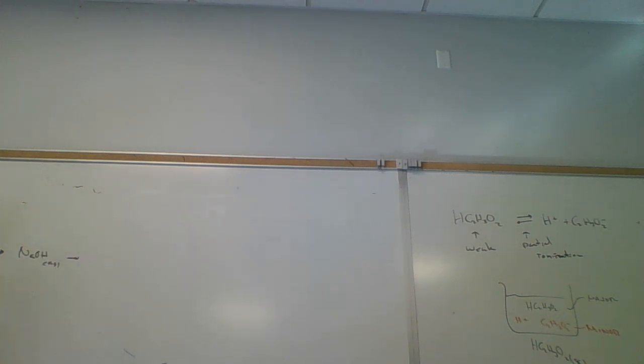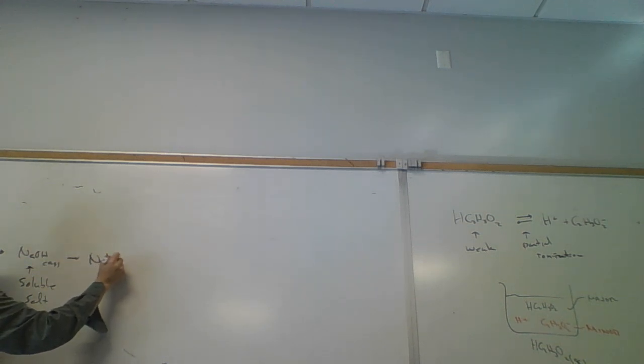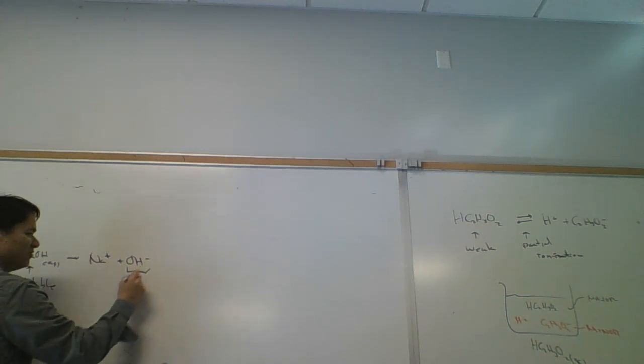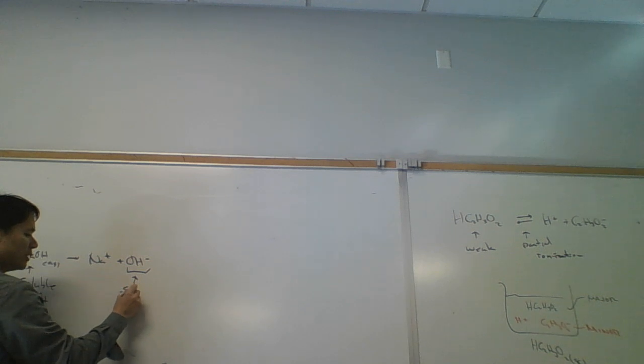And then I ask myself, is it a strong, weak, or non-electrolyte? At this point, I call this a soluble salt. Soluble salts are strong electrolytes, so they're going to ionize into ions. And then I have my hydroxide, this is the strong base.